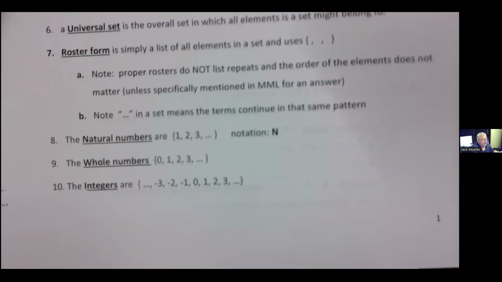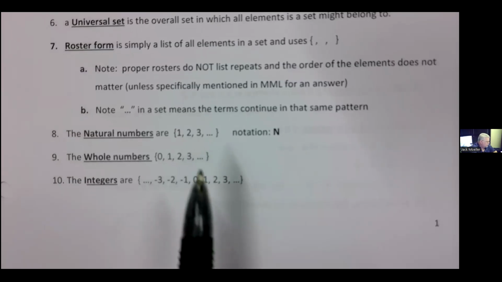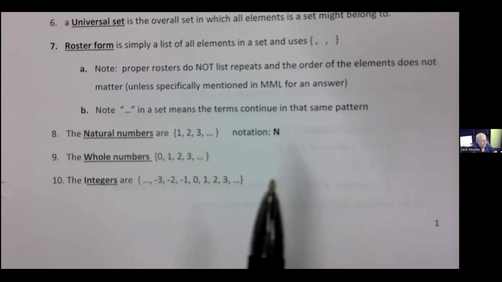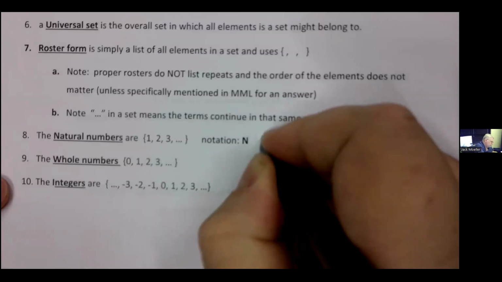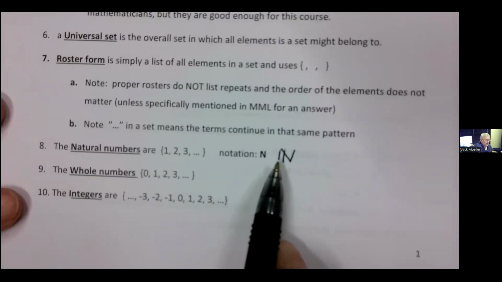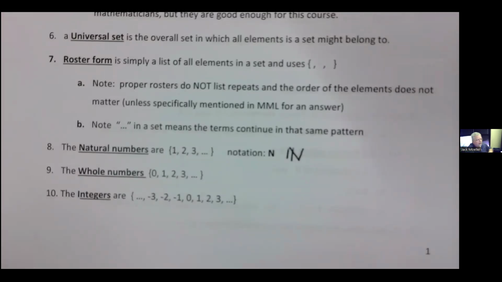So if you get to the definitions page, our handout, natural numbers are what we often call counting numbers. So they start at 1, 2, 3, and then go on forever. Okay, so no fractions, no decimals, no 0, no negative numbers. The notation is a boldface N, or sometimes you'll see the N with like a double leg at the beginning. I don't have a special thing for that, but often it's just bold capital N.